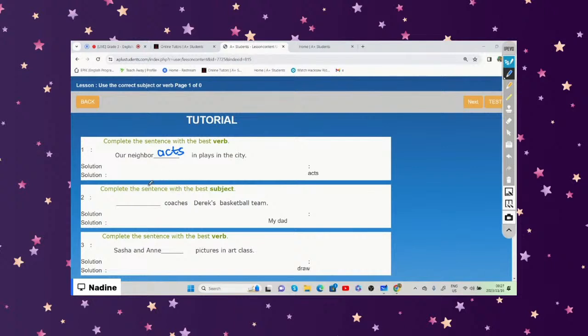We need to look at a subject. Coaches Derek's basketball team. And here we can say basically my dad, but you can basically use any name.